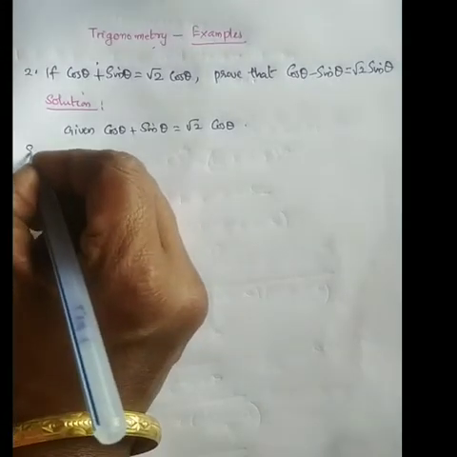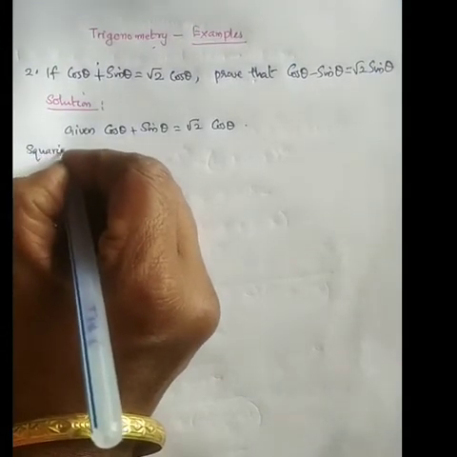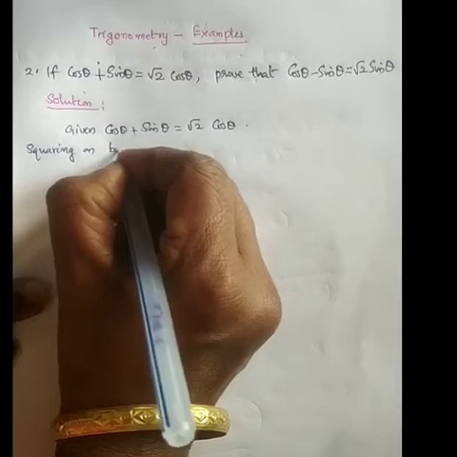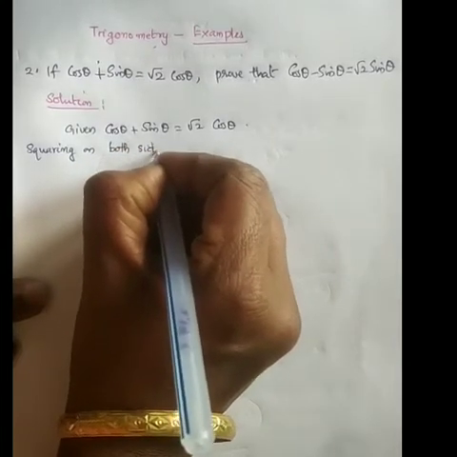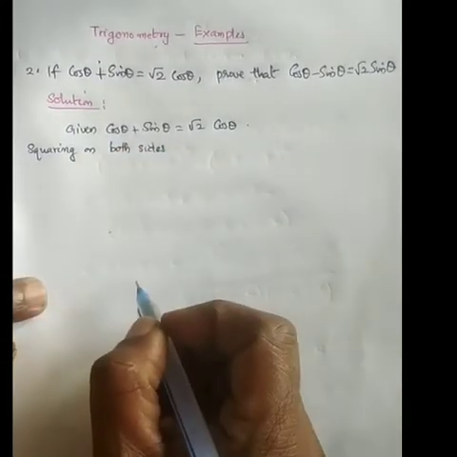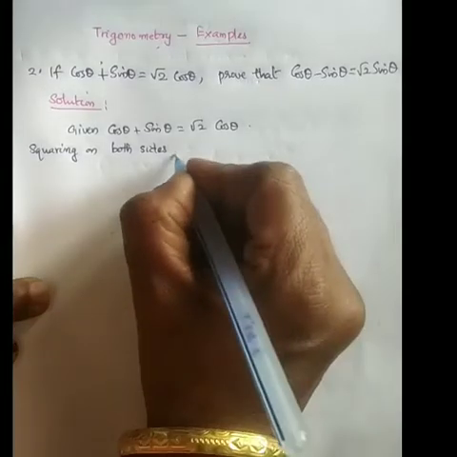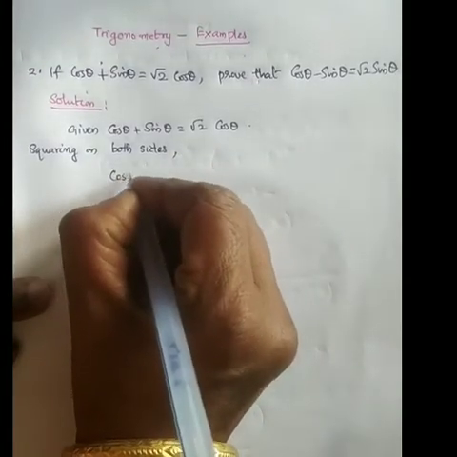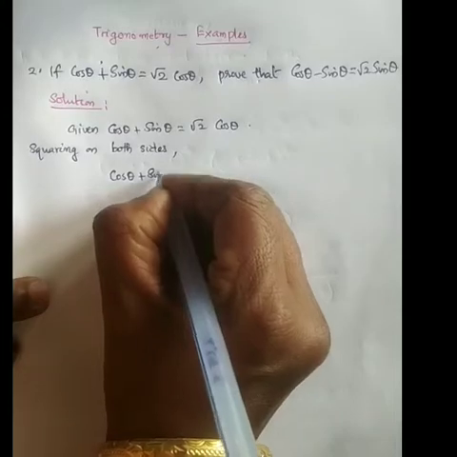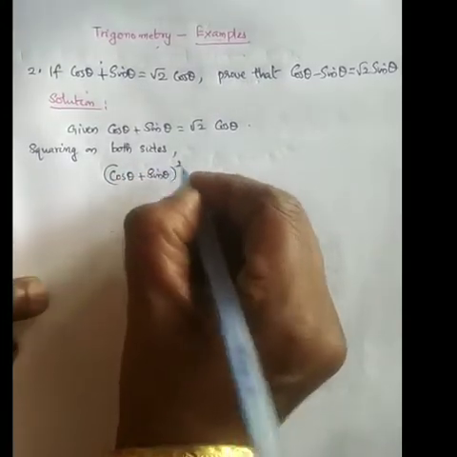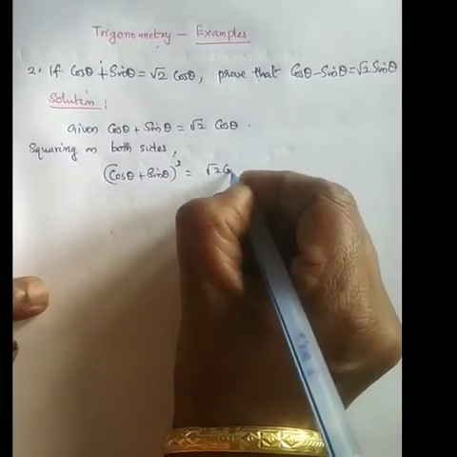Squaring on both sides, we get cos theta plus sin theta the whole square equal to root 2 cos theta the whole square.